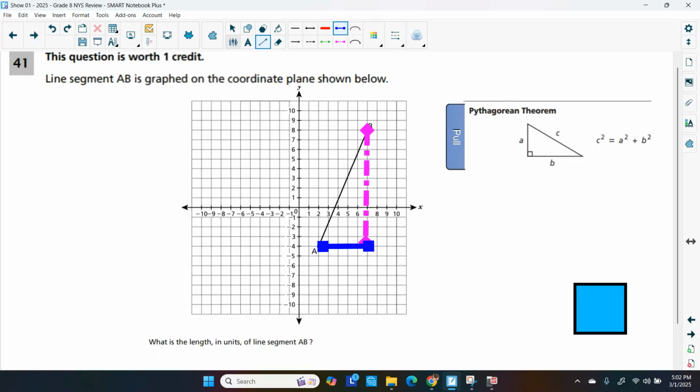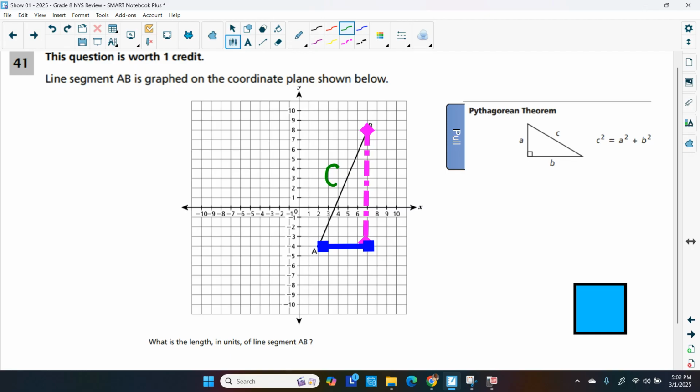So line AB, and let me get a color, we'll call C. If we only knew the value of this side and that side, we would be able to use that Pythagorean theorem to find the distance between that.